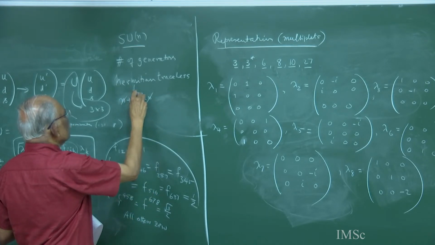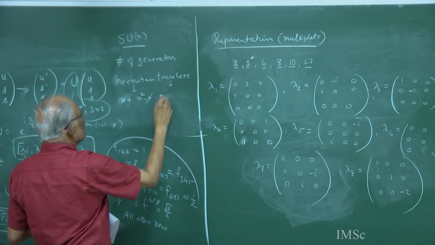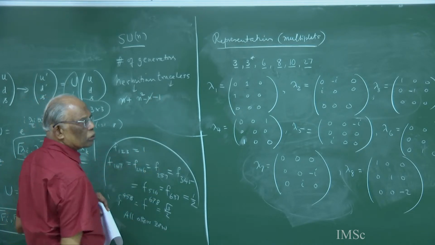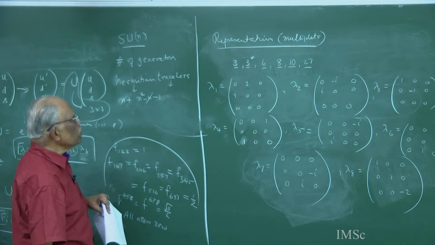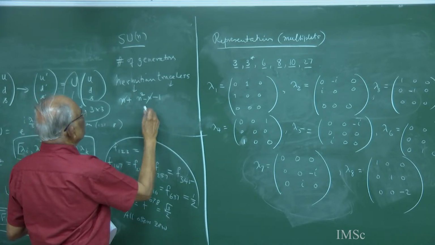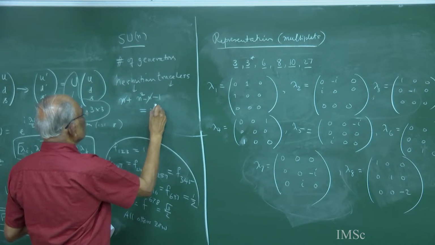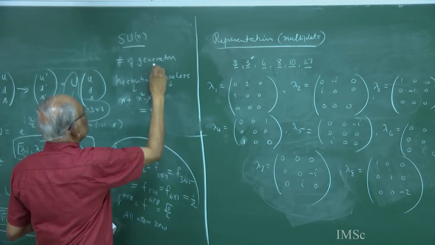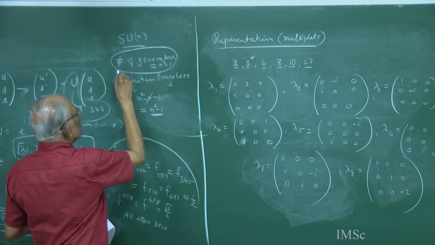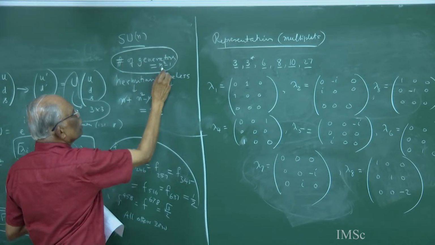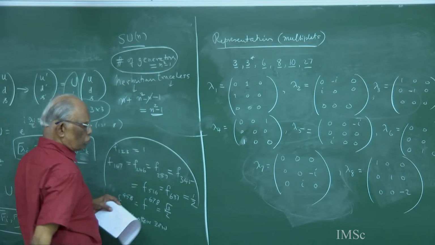That is Hermitian. Then tracelessness: I have to remove 1, because there is one condition on the diagonal sum being 0. So this is the actual number of generators in SUN. That is why for n equal to 2 it is 3, for n equal to 3 it is 8.